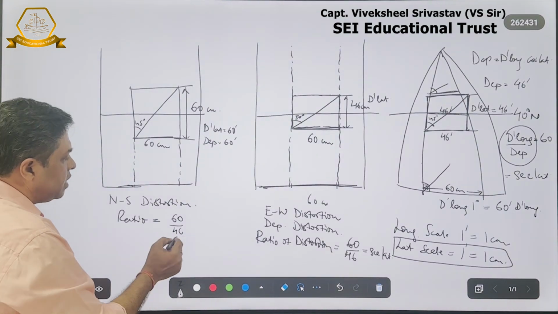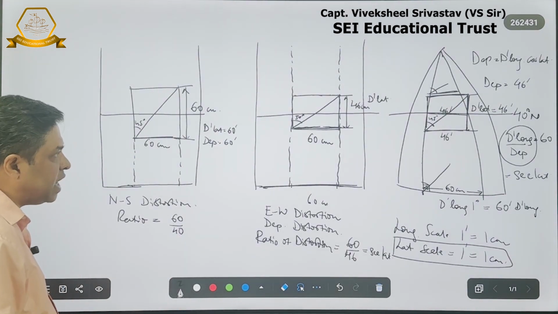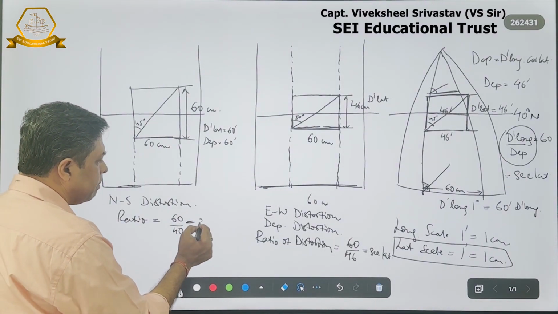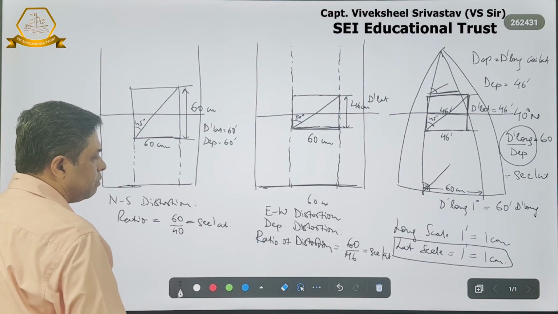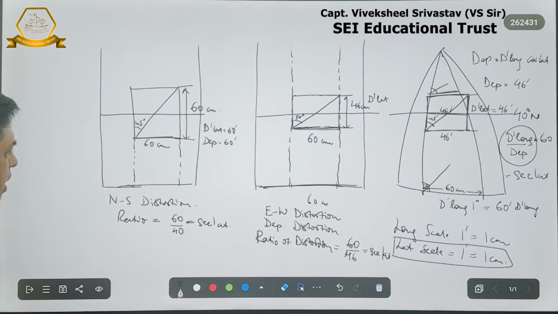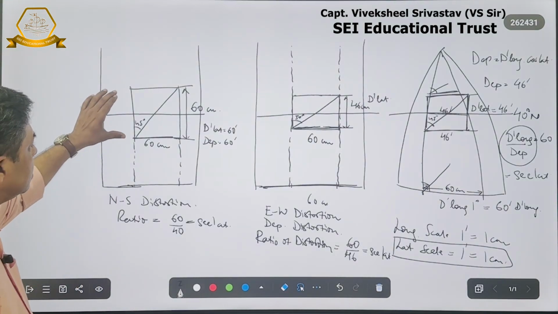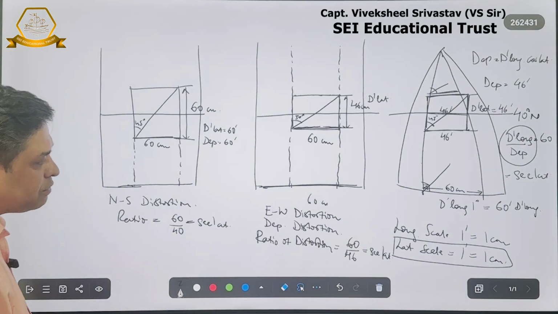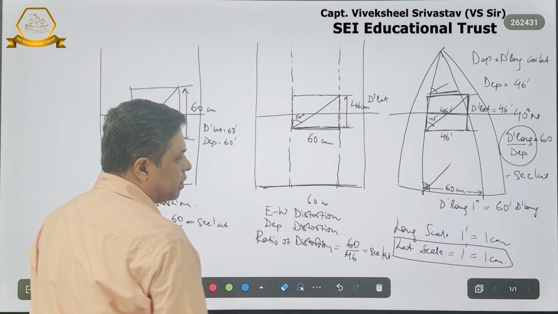The distortion ratio we maintained so that the shape is maintained. And this ratio is the secant of latitude. Okay, now how to solve this distance measurement problem? For that we'll have to modify the latitude scale.